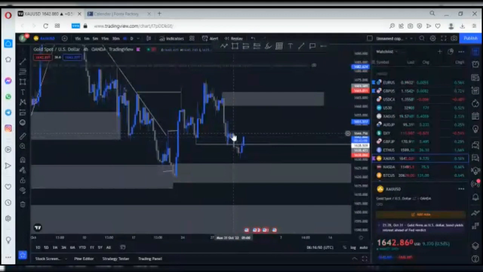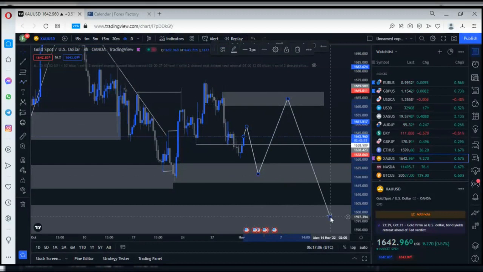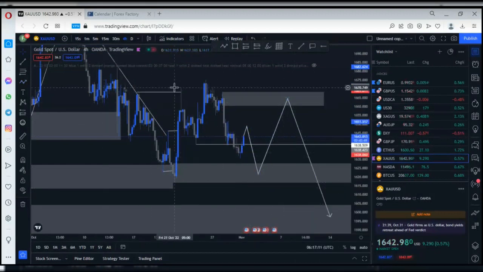As you can see, we have selling orders here, and come back down to also liquidate these ones, tag us here, and then up. So this is what I'm talking about. Something like that. You never know. It might work out, it might not. We just trade using probabilities.